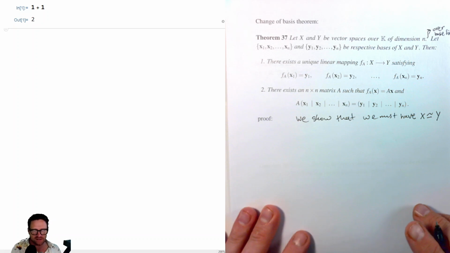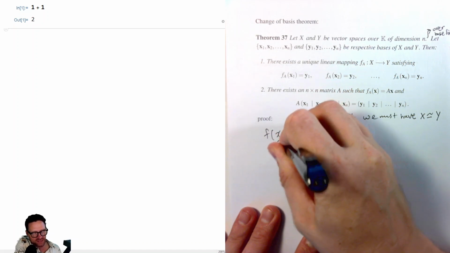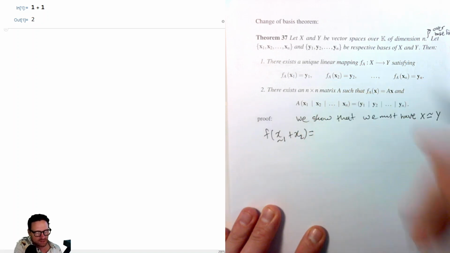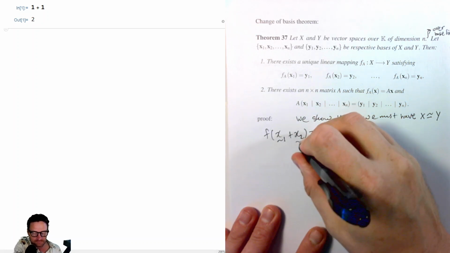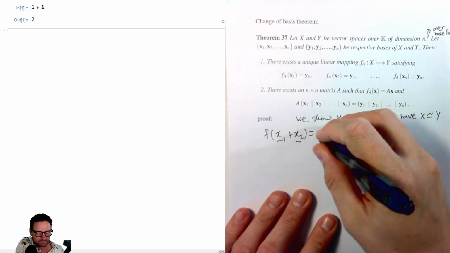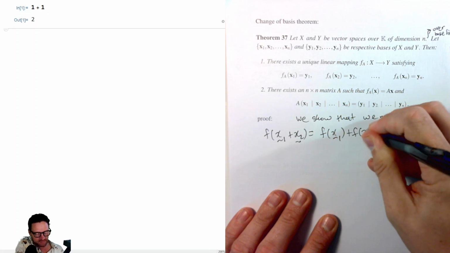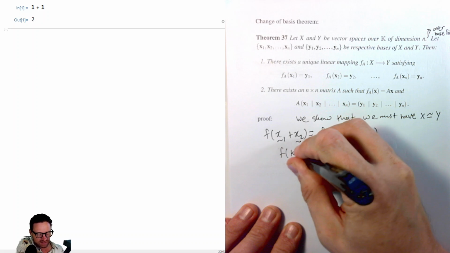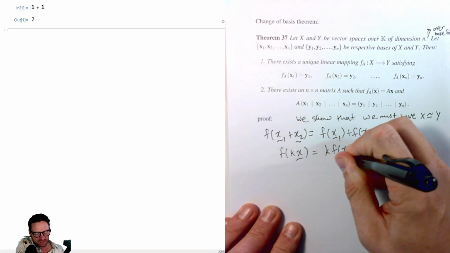First, we'll show that it's a linear map. So first, f of x1 plus x2 is equal to f of x1 plus f of x2, and also f of k times the vector x is k times f of x.